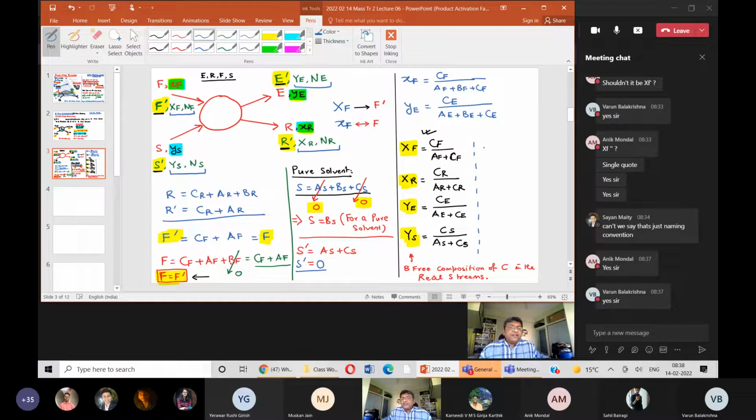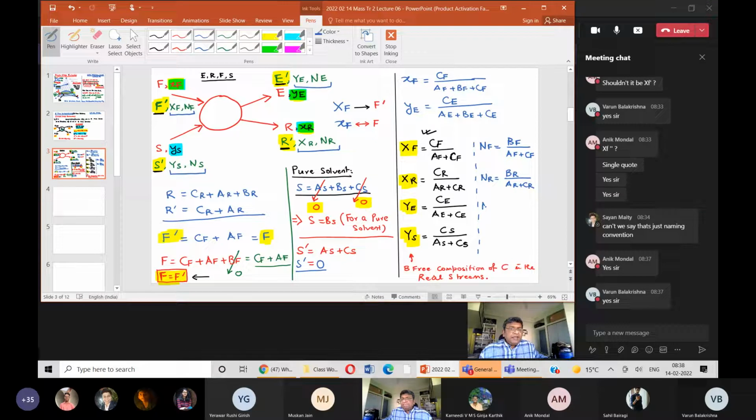And the next set we define is the B-free composition of B. So what would it mean? NF is BF divided by AF plus CF. NR is going to be B in R divided by AR plus CR.